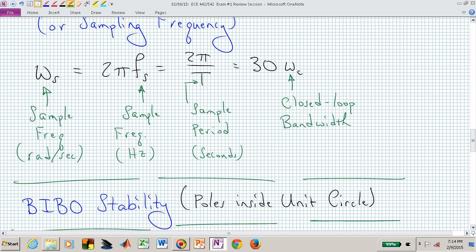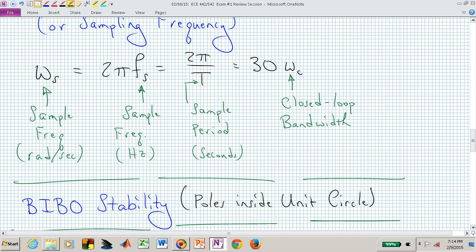If you want a stable system, where are your poles? They have to be in the unit circle. Okay? Your poles of your system are interior to the unit circle.